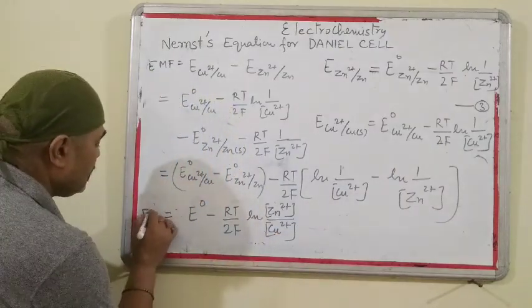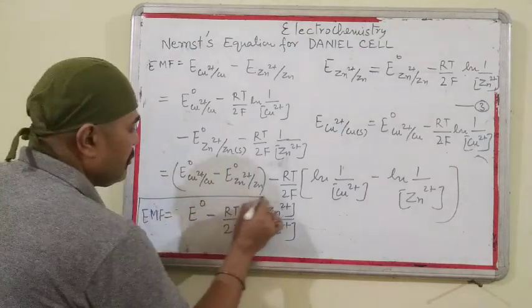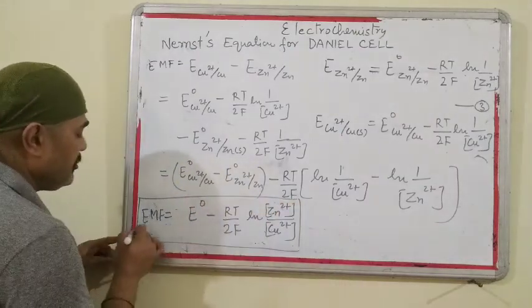So this is the equation of the EMF of the Daniell cell.